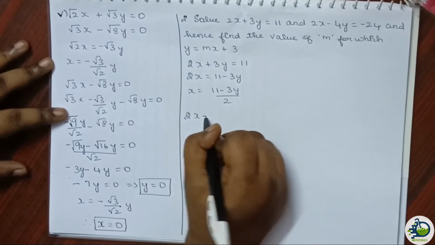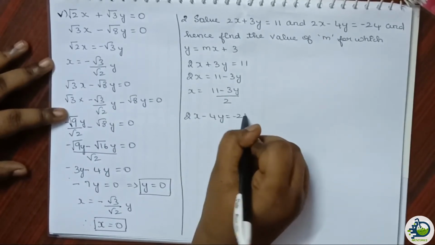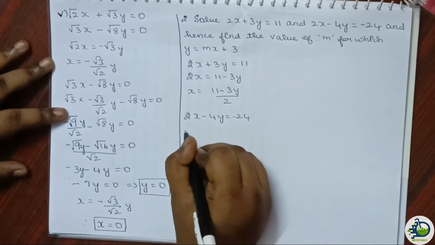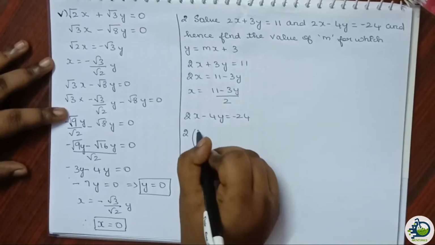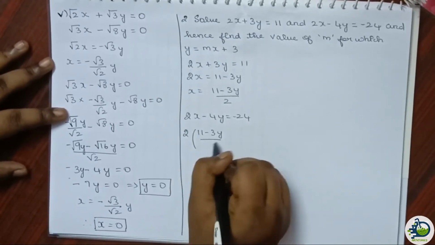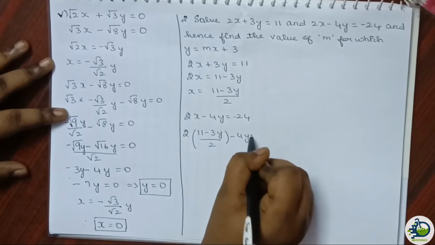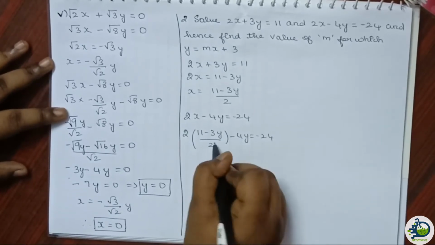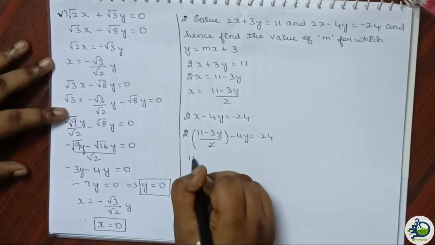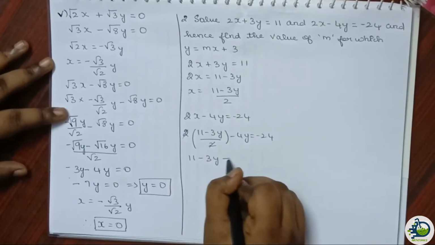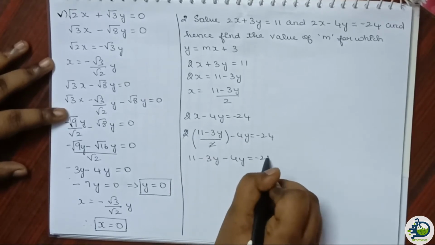So 2x minus 4y equal to minus 24 is my second equation. Here instead of x I am going to substitute 11 minus 3y by 2, minus 4y equal to minus 24. So here 2 and 2 get cancelled and I am getting 11 minus 3y minus 4y equal to minus 24.